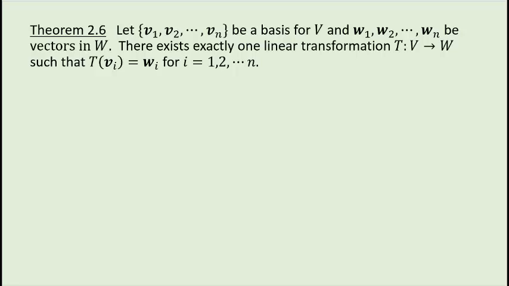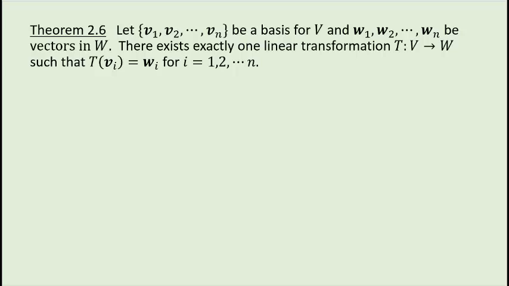There exists exactly one linear transformation T mapping V to W such that T of vi is equal to wi for i equals 1 through n. So, in other words, once you pick the images of the basis vectors, then that completely determines the linear transformation. What it does to the basis vectors determines uniquely what transformation it is.